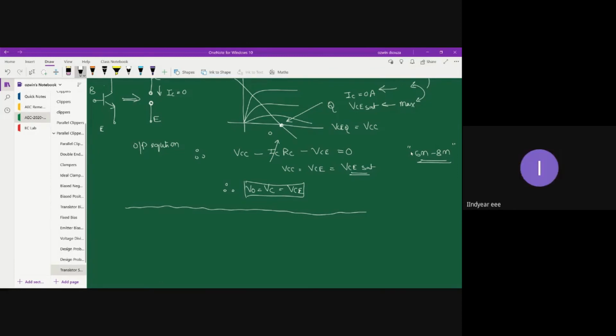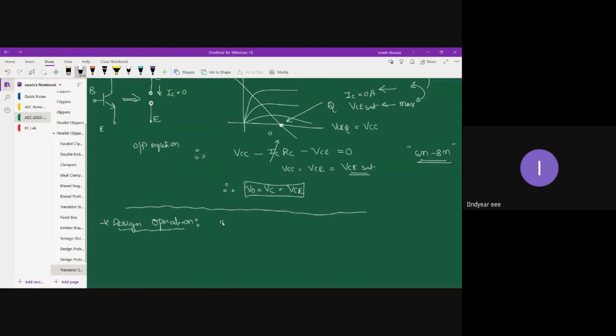Fine. Next, let us come to the design operation. Now, this design operation will help you in achieving proper switching operation.